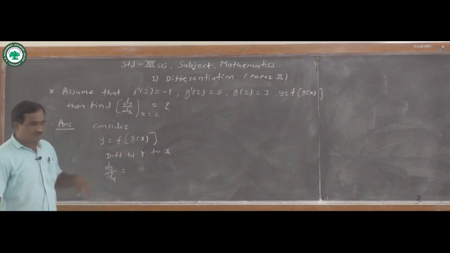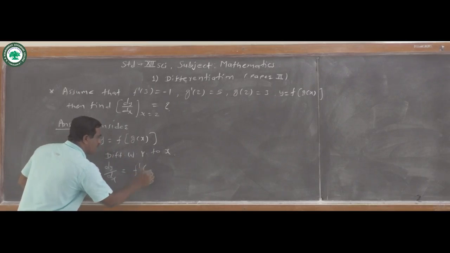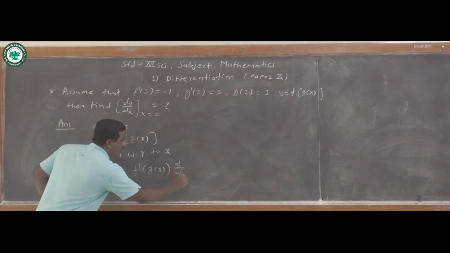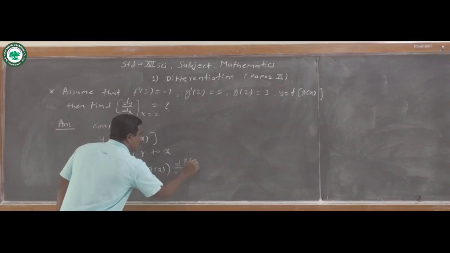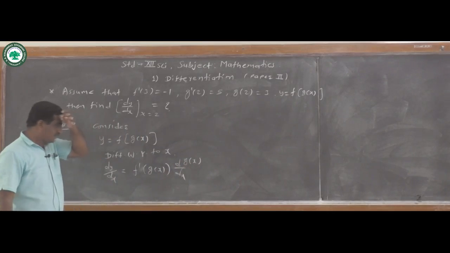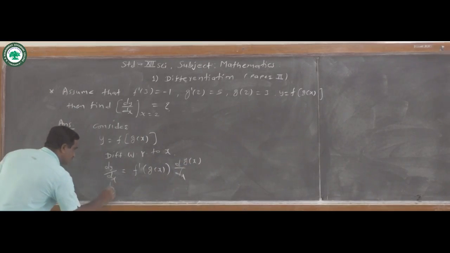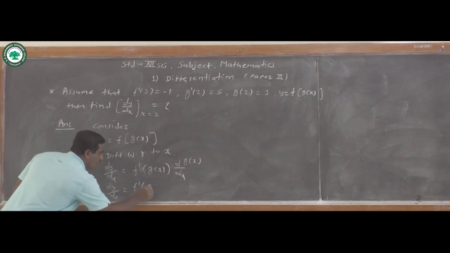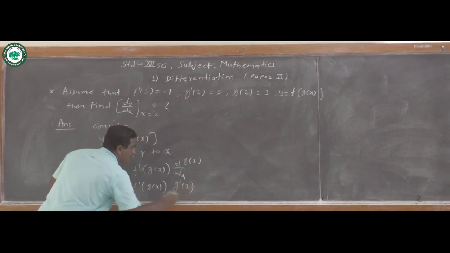By using chain rule, we can write here derivative of f of g of x is f dash of g of x into dy dx of g of x. That is, dy by dx is equal to f dash of g of x into g dash of x.